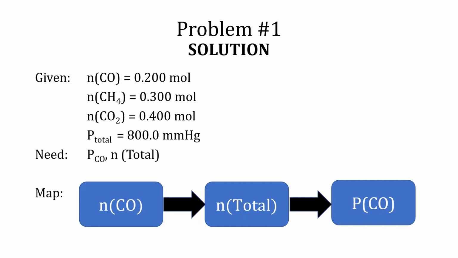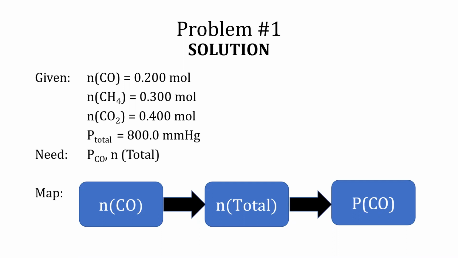The solution map is by first using the given moles of CO, and then one can get the total moles of the system, and the partial pressure of CO obtained by using the ratio between moles of CO over total moles and multiply by the total pressure in mmHg.